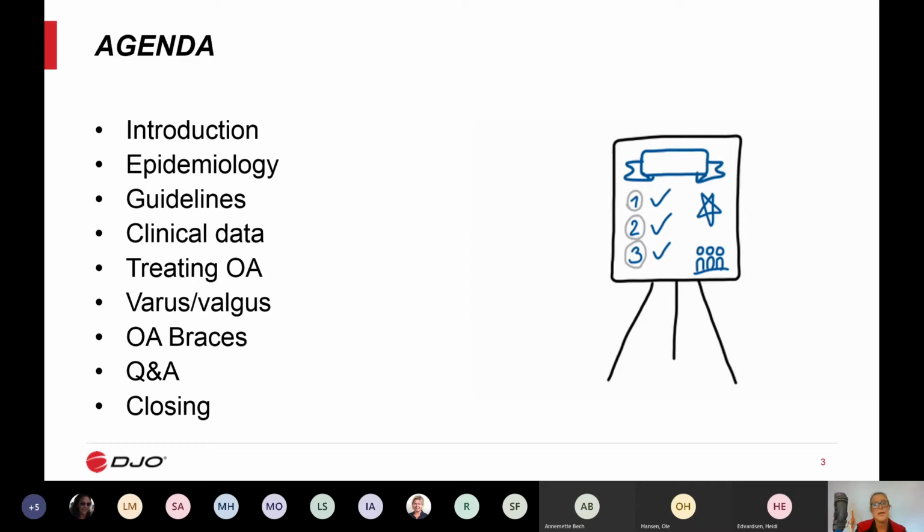So the agenda today is kind of an introduction to the OA, where we go around the epidemiology, and then I'm going to go through some of the clinical guidelines. I'm going to take a little bit of the clinical data, not much, and then we're going to talk about treating OA from a DJO point of view, and then we're going to go around the VARUS and the VALGUS.